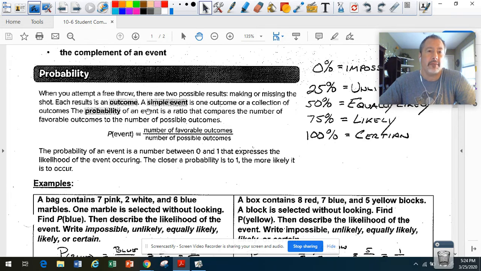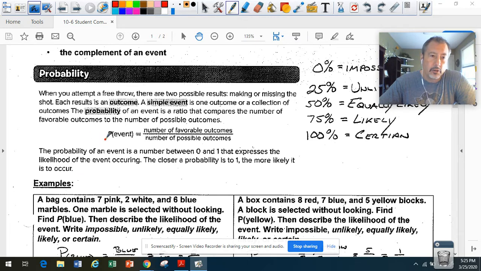The probability of an event is the ratio. So we're dealing here with a fraction that compares the number of favorable outcomes to the number of possible outcomes. Our possible outcomes are our total. This is how we write it. We use the letter P here for probability.